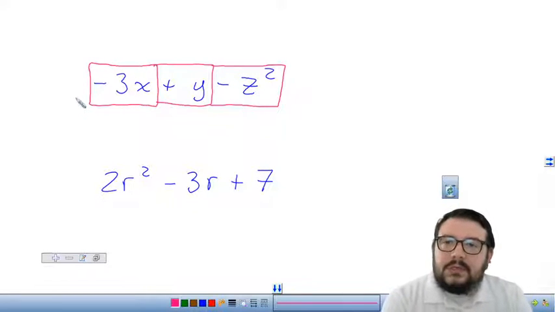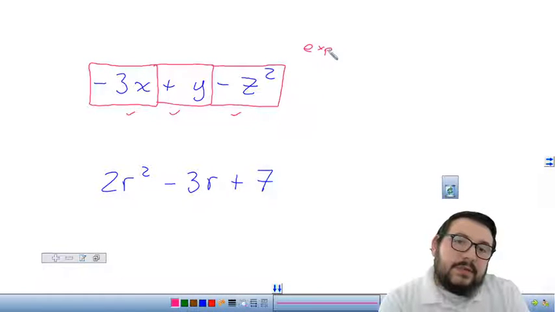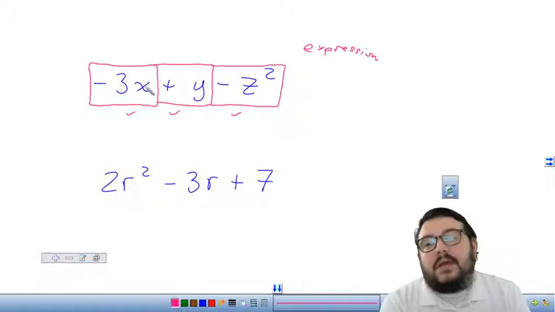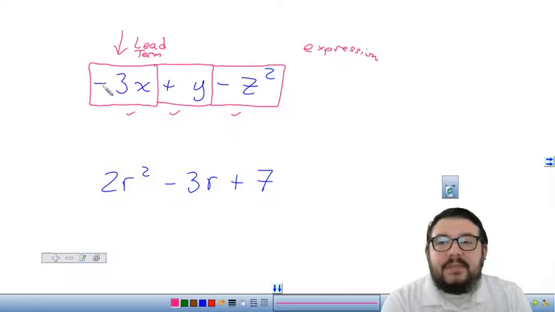Okay, so how do I find the lead term? Well, there are 3 terms in this expression. And the lead term is the one in the front. So my lead term is negative 3x.